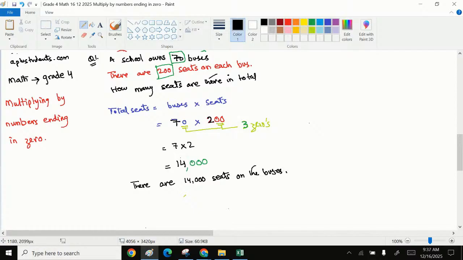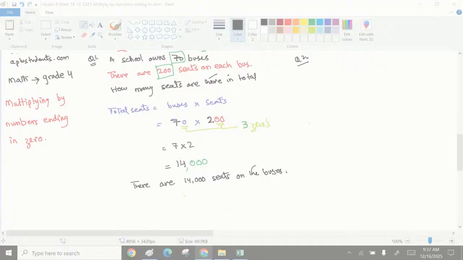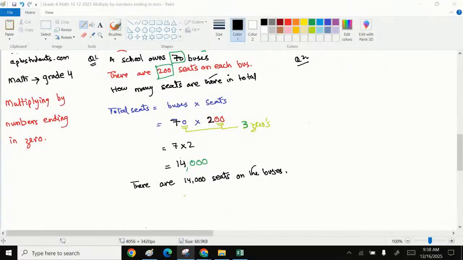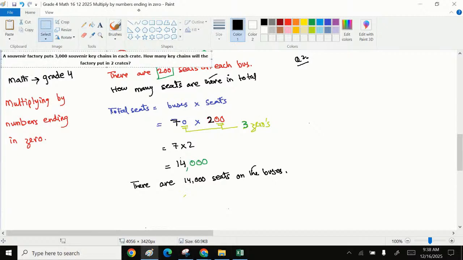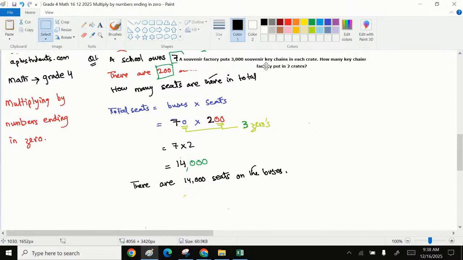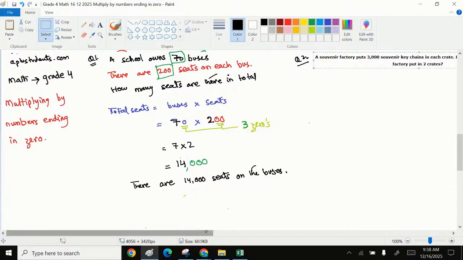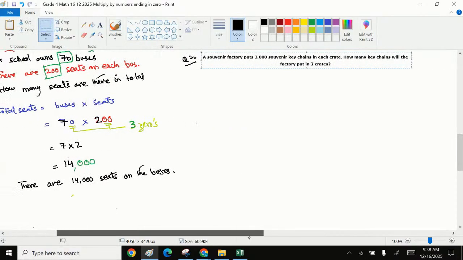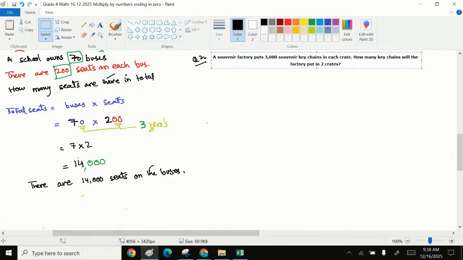Okay, great. Let's look at the next question, the question number 2, and let's try to do another example. The next question says, a souvenir factory puts 3,000 souvenir keychains in each crate.